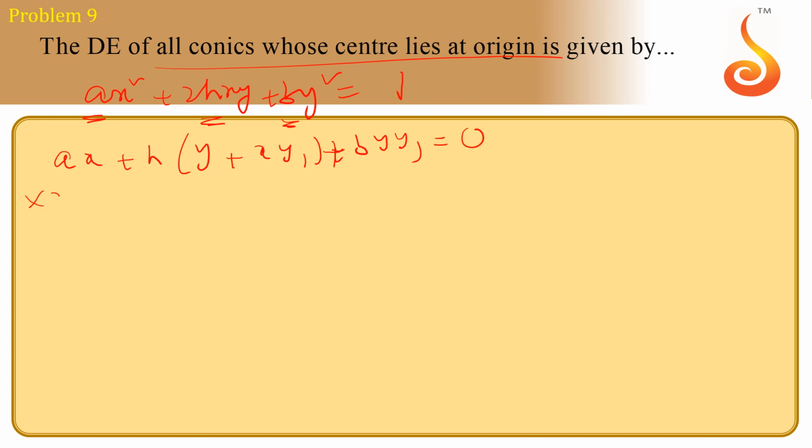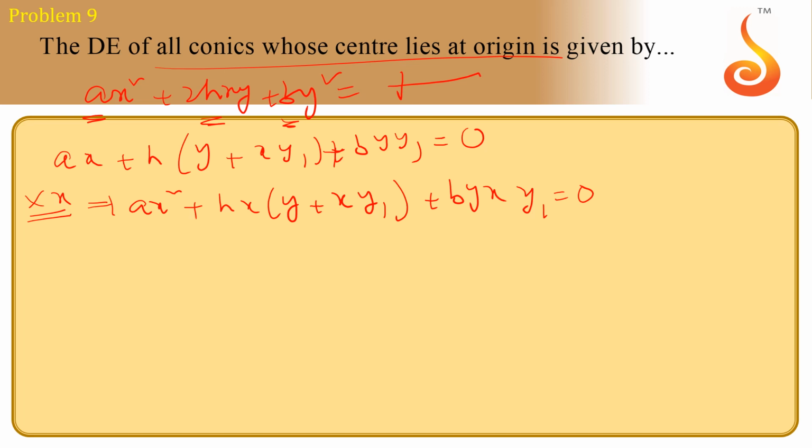So multiply this equation with x, what you will get? ax square plus hx into y plus xy1 plus bxy y1 equal to 0. So let us say this is first equation and this is second equation.